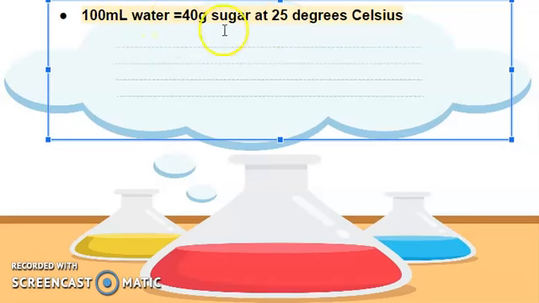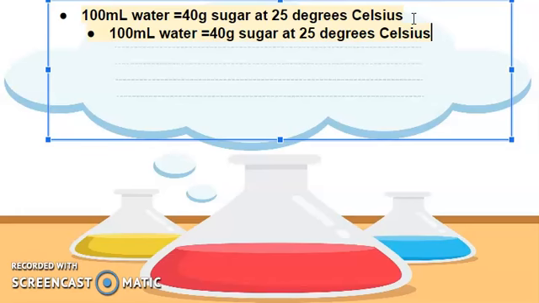Now, for example, this 100 ml, we are going to add 25 grams sugar at 25 degrees Celsius.